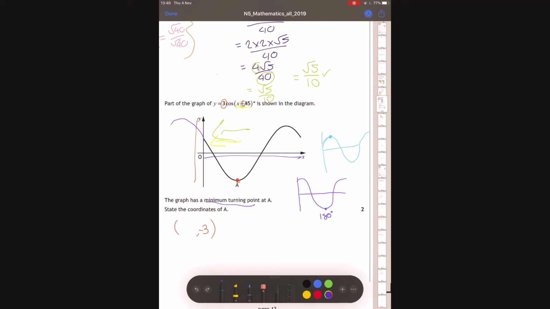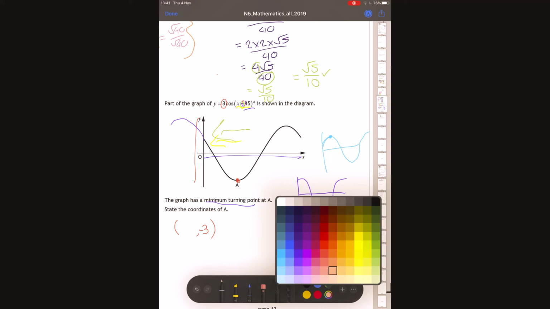How much has it been shifted to the left? 45 degrees. So to find the x coordinate, we do 180 minus 45 degrees, because it's been shifted back the way. On this graph it would be something like there, which gives us 135. That is our x value.